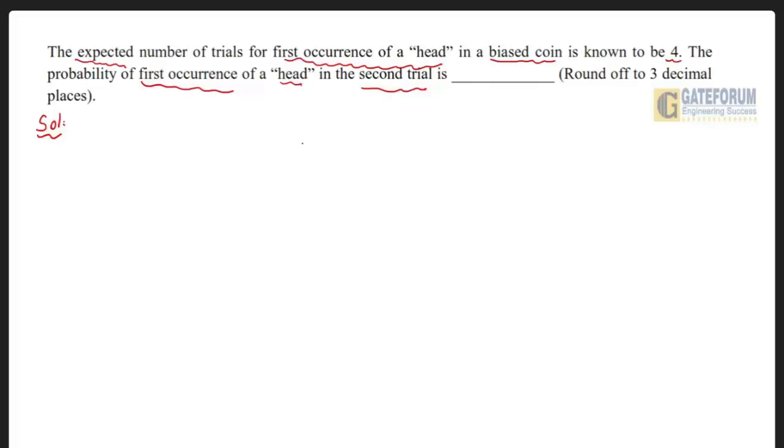So let small p be the probability of getting head in any single try, and small q be the probability of getting tail.